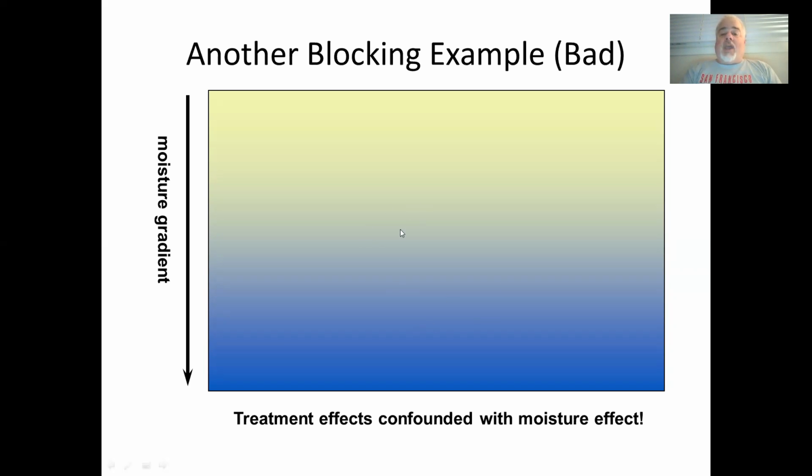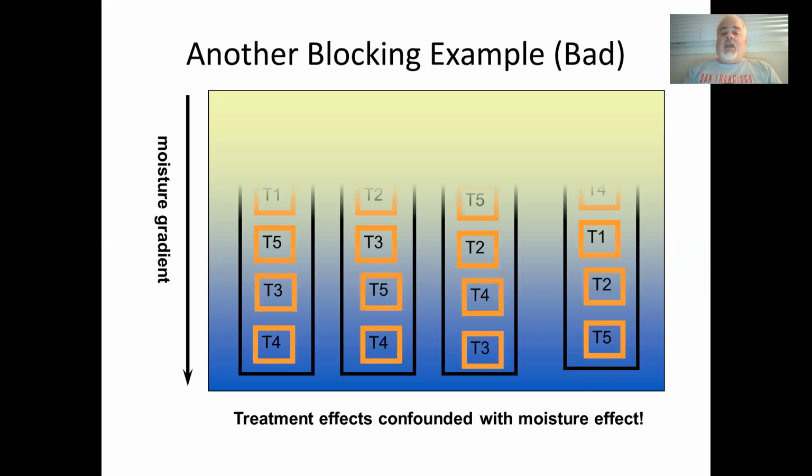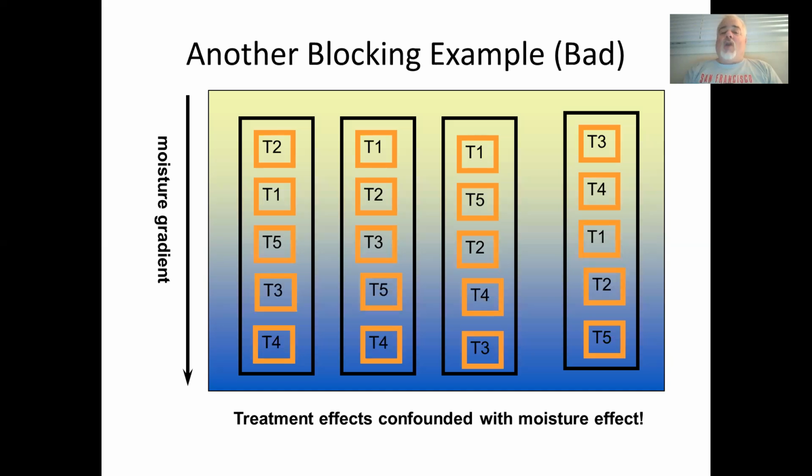So the noise, the changes in your treatment effects, the amount of change in the dependent variable, the things you're going to measure, can be messed up with the changes in the soil moisture, which isn't supposed to be part of your experiment. So you block against it. If I go parallel to the moisture gradient, every block is all mixed up.